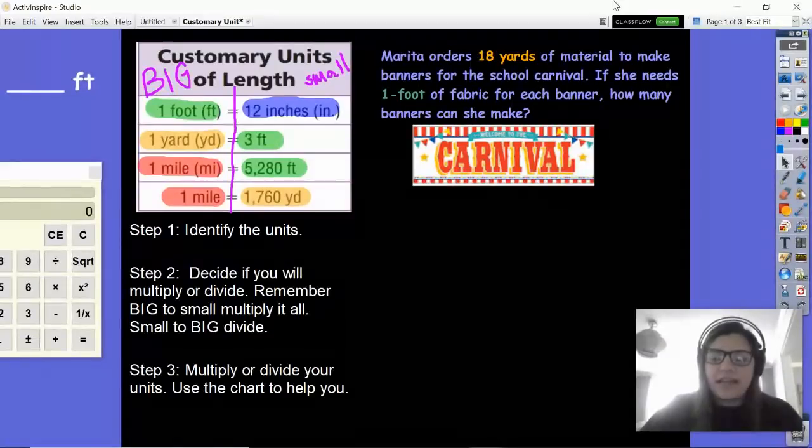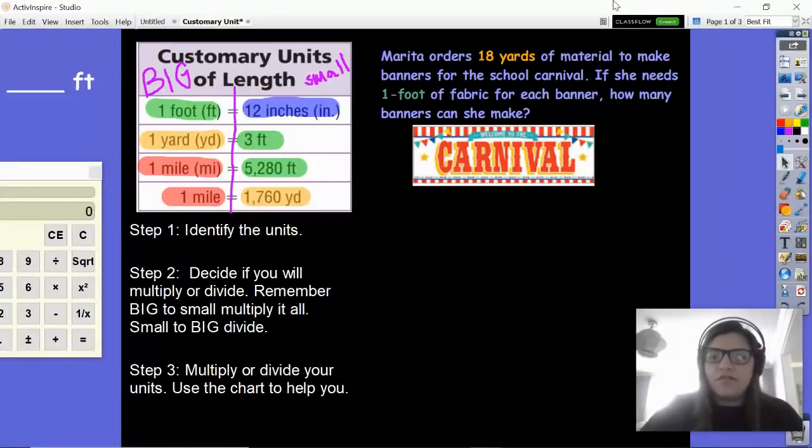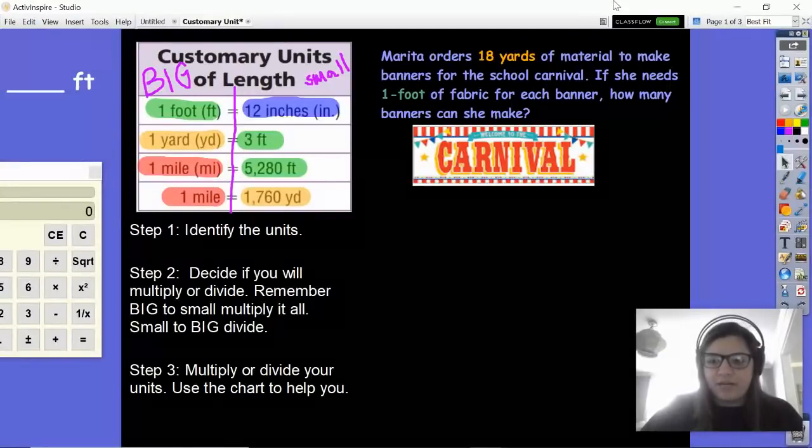Marita orders 18 yards of material to make banners for the school carnival. If she needs 1 foot of fabric for each banner, how many banners can she make? So in this word problem, I already have my information that I need highlighted.